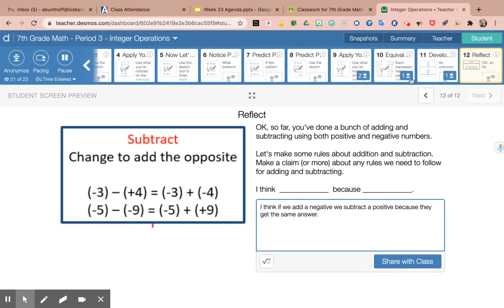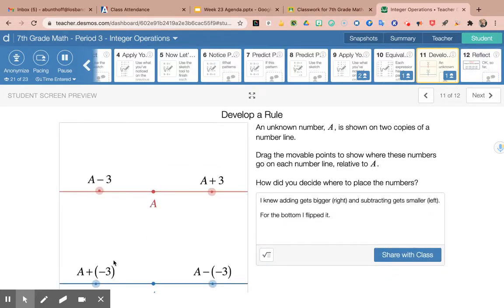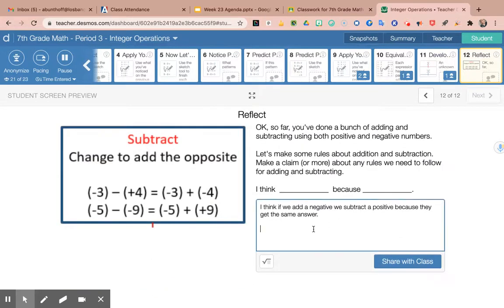You can say because they get the same answer. So adding a negative was like subtracting. And subtracting a negative, we add the positive or opposite. So you can think of this as addition.